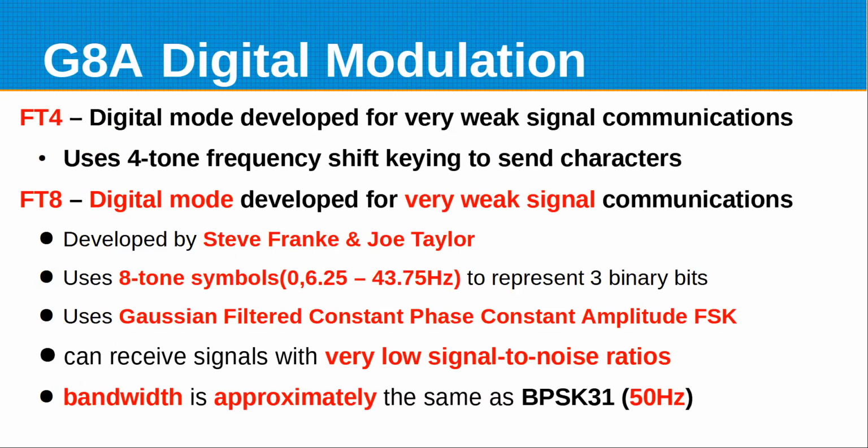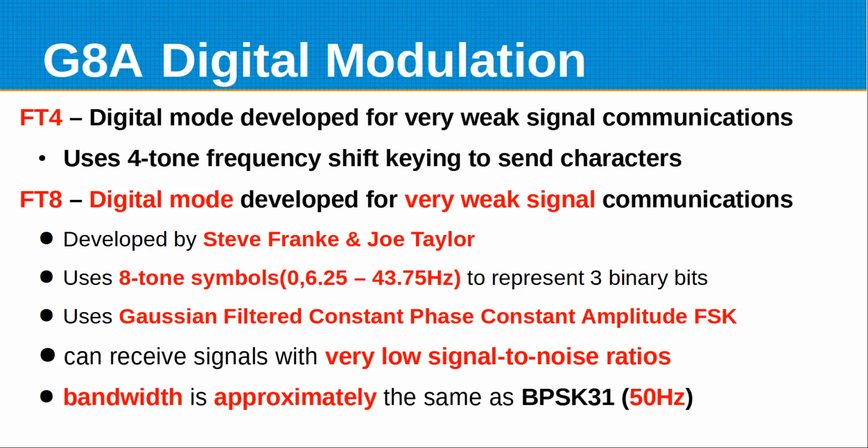Okay, FT4 uses 4 tones of frequency shift keying. FT8 was another protocol that came out of the deep space work that Joe Taylor did. These were co-developed by a guy named Steve Franke and Joe Taylor.